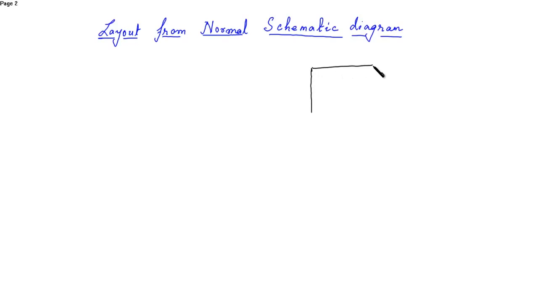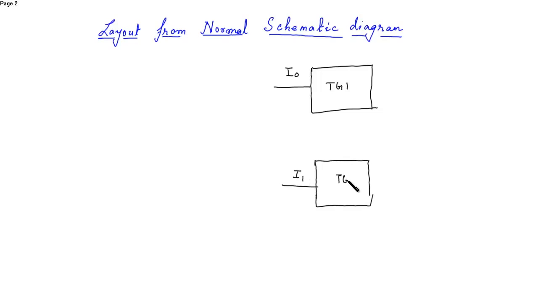For example, this is the transmission gate 1 having the input I0, then transmission gate 2 having the input I1, where the outputs of the two transmission gates are shorted in order to obtain the final output.